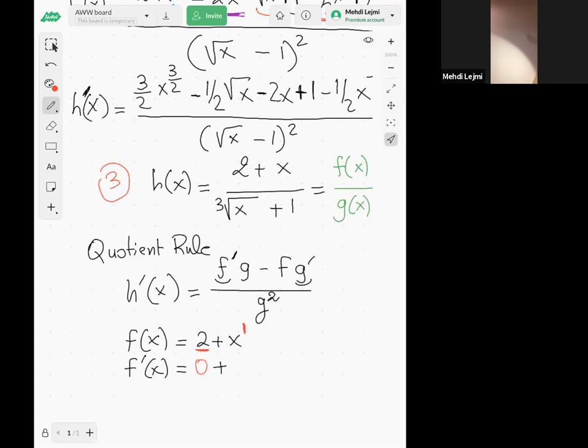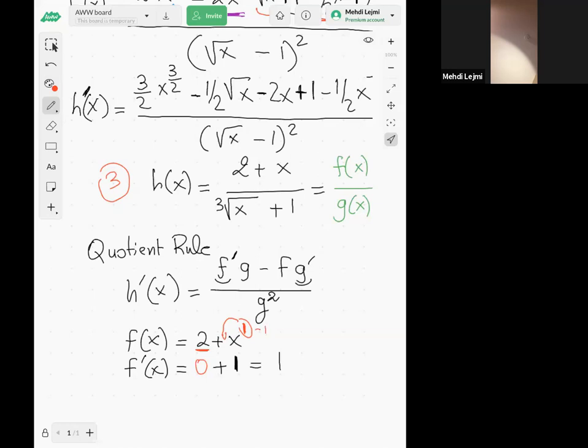You bring down this power in front of x and subtract 1. If you do that, the derivative of x is 1 times x to the power 0. But x to the power 0 is just 1, so it's 1 times 1. So our f prime of x is just 0 plus 1, which is equal to 1, right? And that's for f prime.